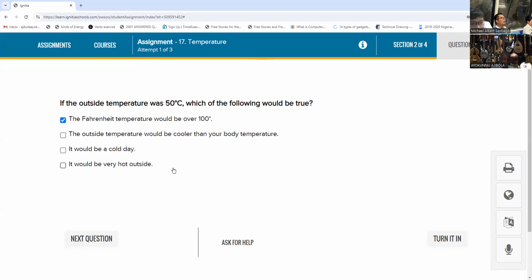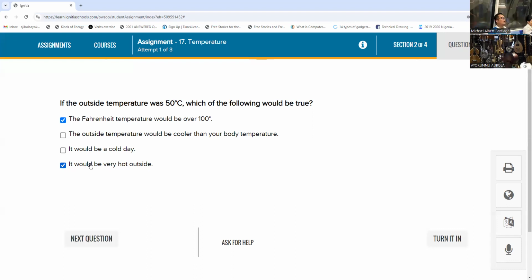So then it depends, outside temperature would be body temperature. So we cannot pick B because it's not correct. We cannot pick C because it's not correct. So I'm considering this second one, okay? This last option.